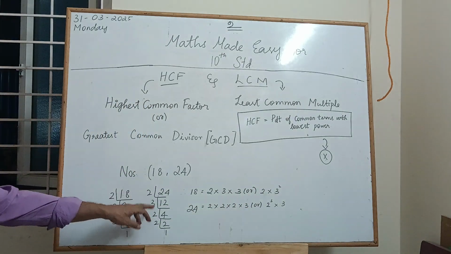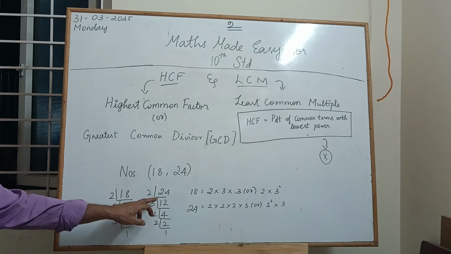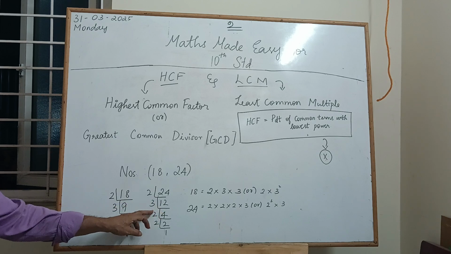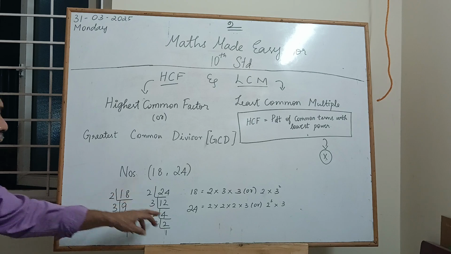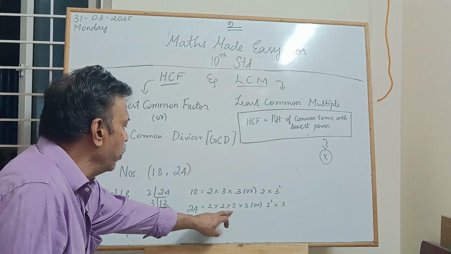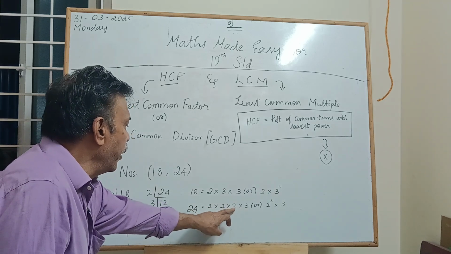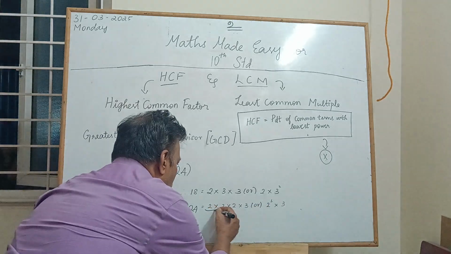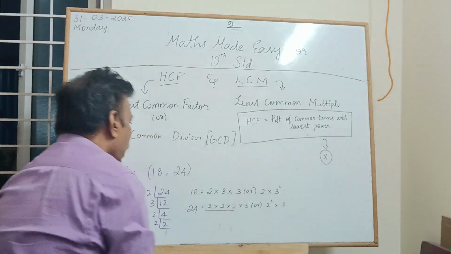Likewise, 24 divided by 2 is 12. 12 divided by 3 is 4. If you divide 4 by 2, it becomes 2. So 24 consists of 2 into 2 into 2 into 3: 2 into 2 is 4, 4 into 2 is 8, 8 into 3 is 24. It has three 2's, so 2 to the power 3 into 3.